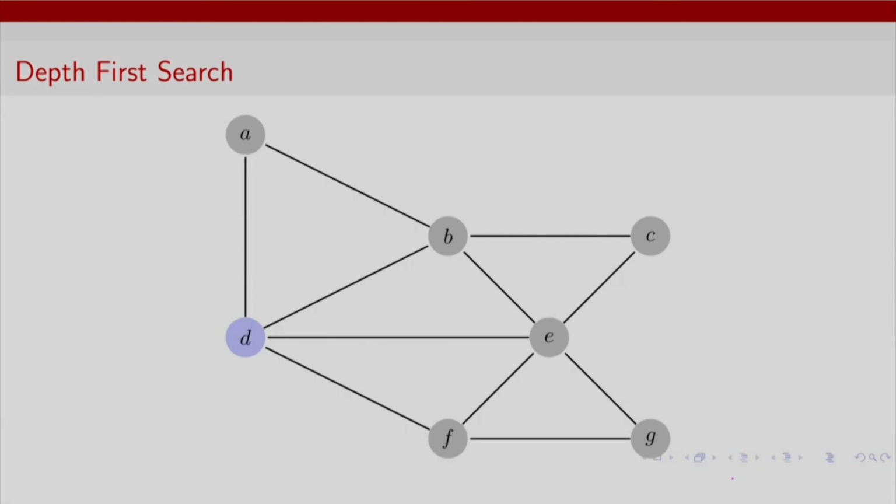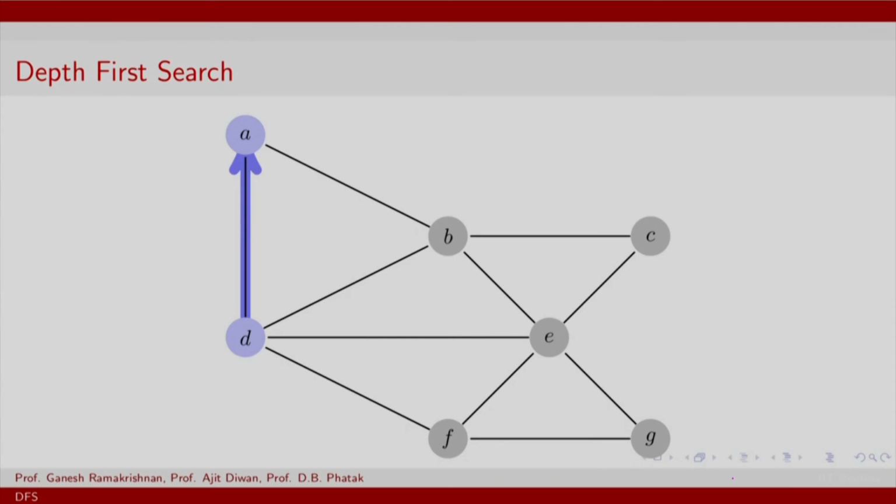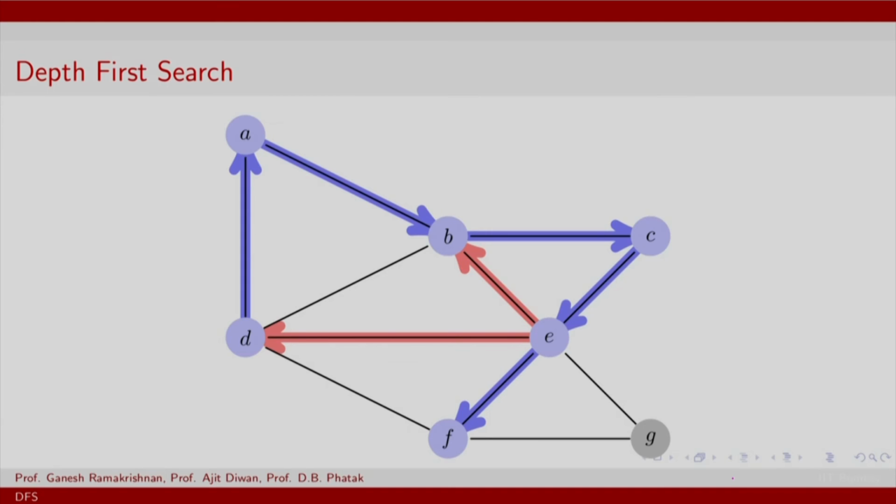You have a node D where you begin and you explore this edge to visit A, explore the next edge from A to visit B, from B you visit C, E, and now when you start looking at all the incident edges on E, you find a back edge that goes to a visited node B, and the other edge is also a back edge that goes to node D, but there is a new unexplored edge. Discover it and find F, visit F.